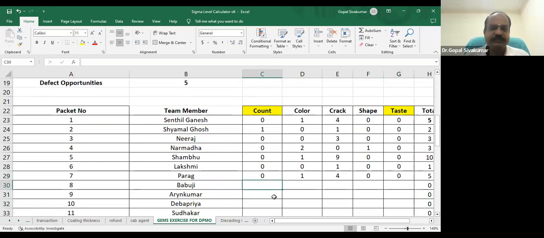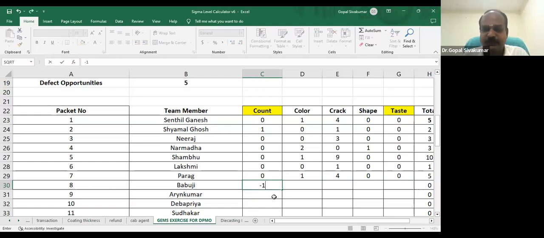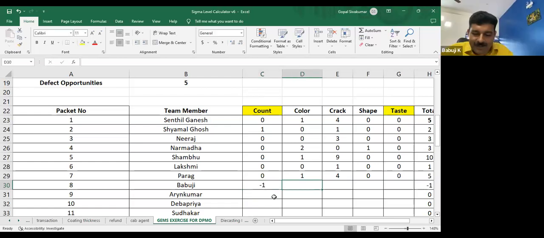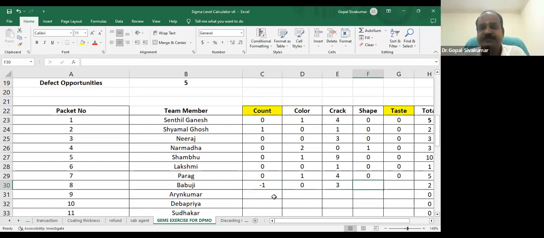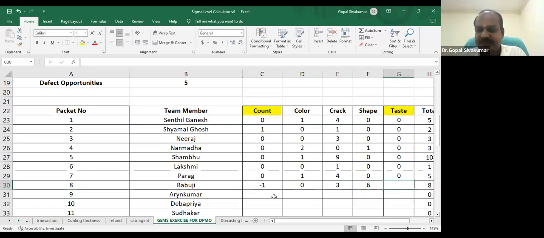That's enough. Babuji. Count -1, only 9. Oh, -1 here. Very good. Crack 3. Color 0. Crack 3. Shape 6. Taste okay, 0.